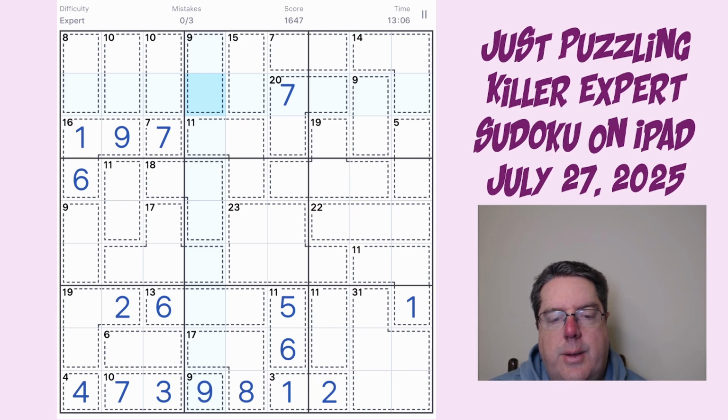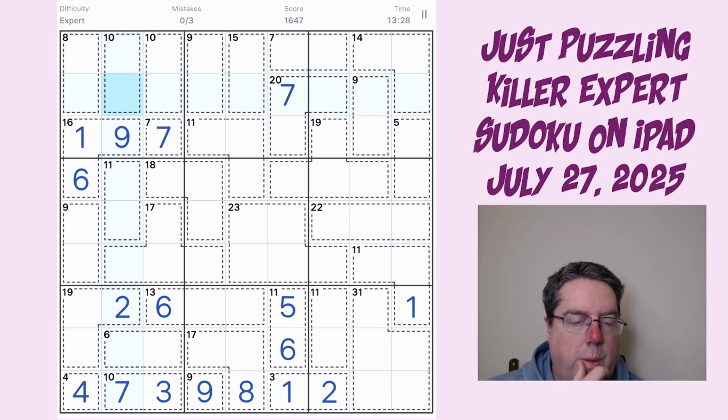Nine and 6, 8 and 1, so 8 can be up here or there. 8 and 5, 9 and 4. That was a 9, this would be a 4, this would be a 9, this is a 6. Which means 6 would be up there and 4 there.